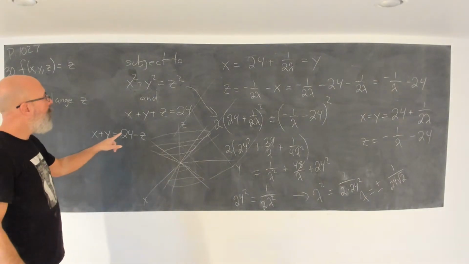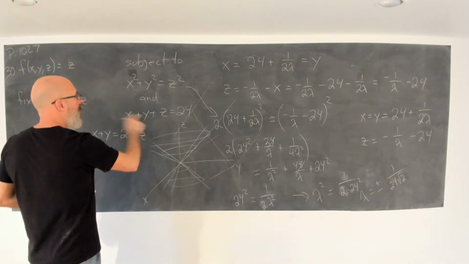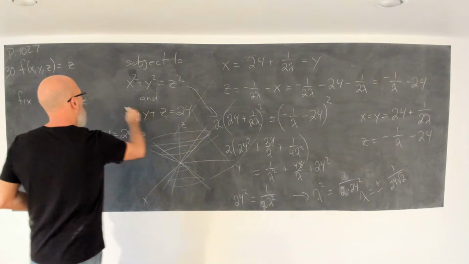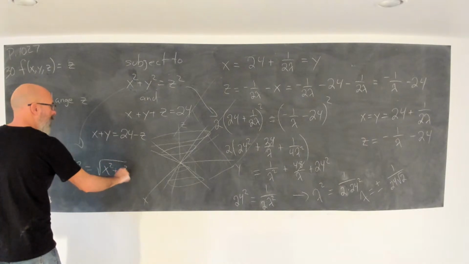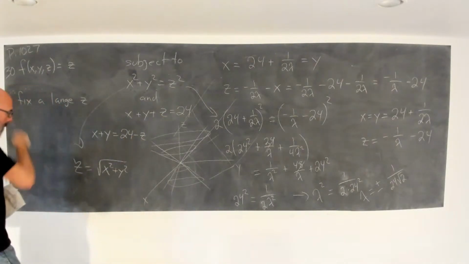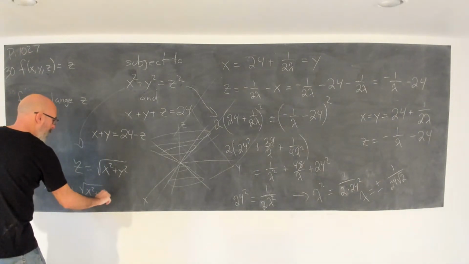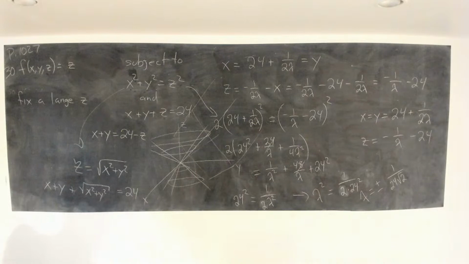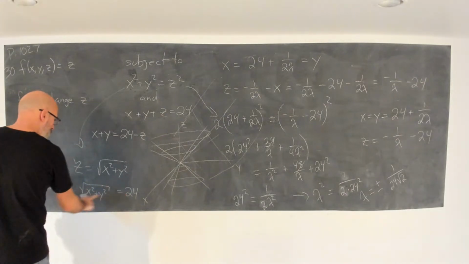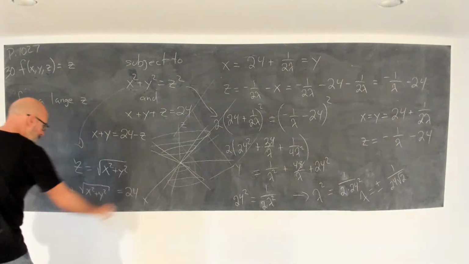But my suggestion is this. Right here, z is the square root of x squared plus y squared. And if you plug it into this, let's bring this to the other side.